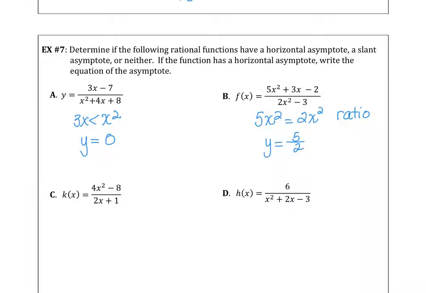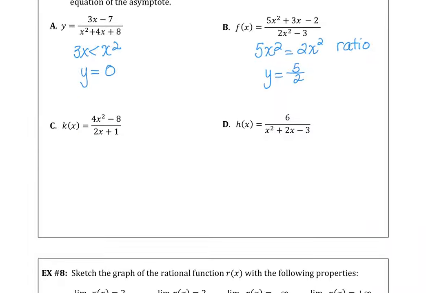In part C, the numerator power is exactly 1 larger than the denominator, so we would want to perform division, long division. We need a placeholder for the x term. There is no x term. It's just like having a 0 in a number. 2x divides 4x squared 2x times.